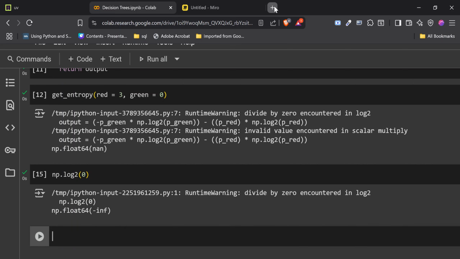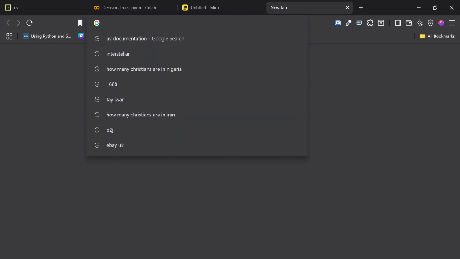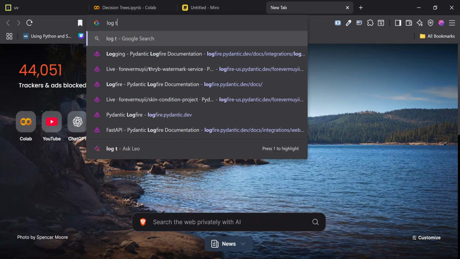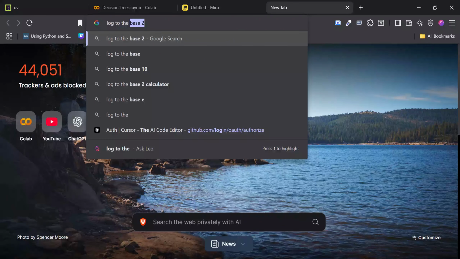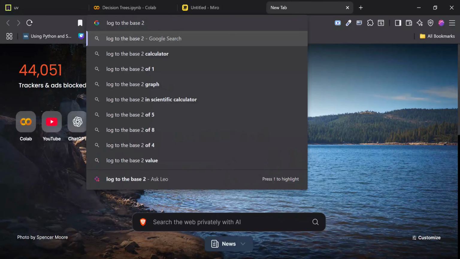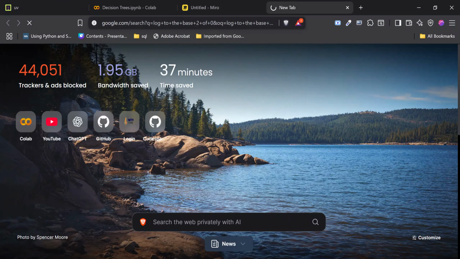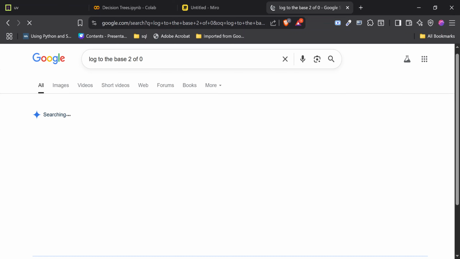Let's quickly Google search log to the base 2 of 0. That's the first time I'm seeing something like that. So let's see why that is.